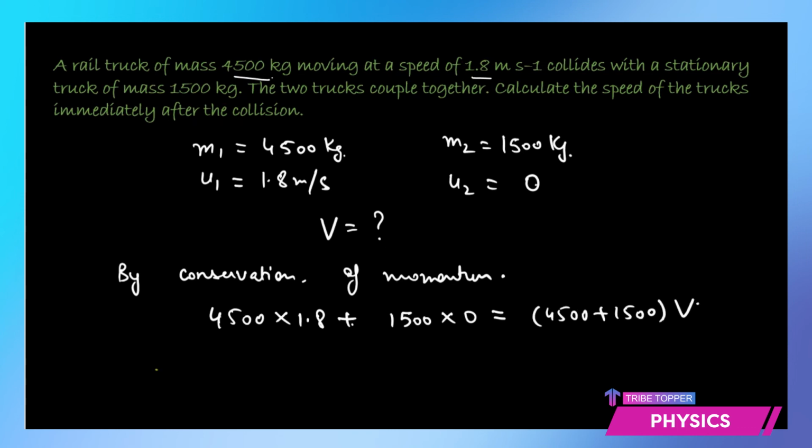So we simply rearrange the terms. We would get, therefore, v is equal to 4500 times 1.8 upon 4500 plus 1500, which is 6000. And solving this, we get 1.4 meters per second. So this is going to be the combined velocity of the two trucks coupled together.